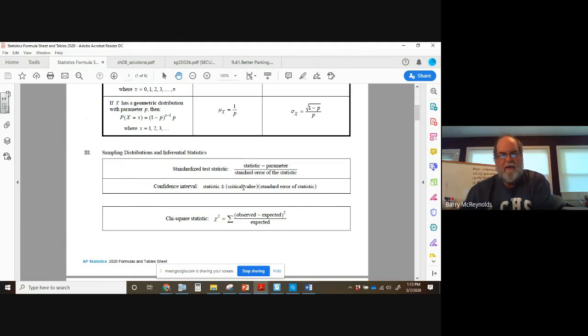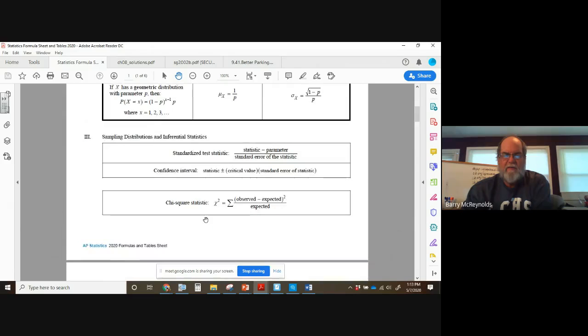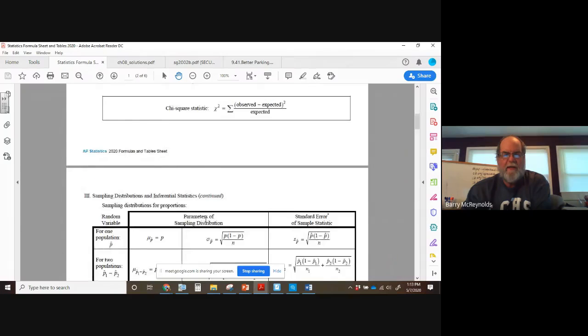Don't use table A to calculate that critical value if you have a population mean. Use table B. Chi-squared, I've been told through the teacher forum that chi-squared is not tested this year. It's at the end of the textbook. And they told us that particular topic's not covered, so I wouldn't sweat that.